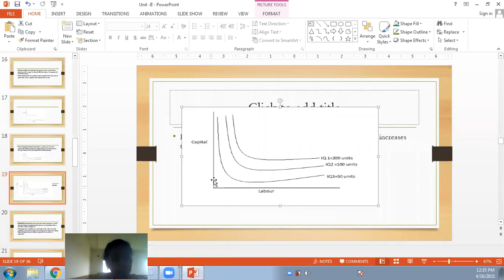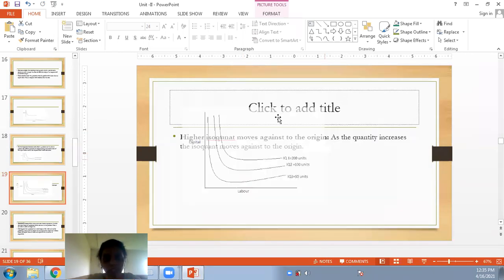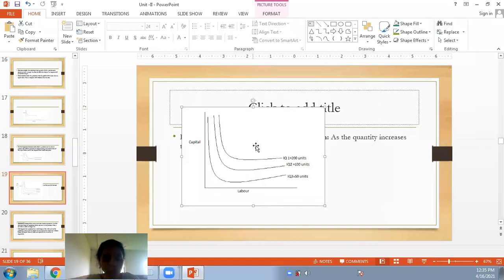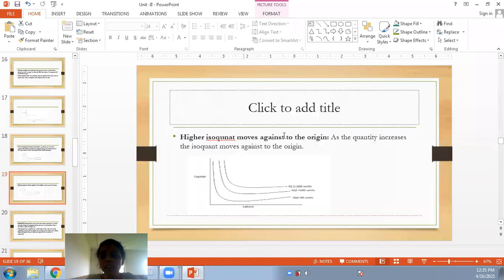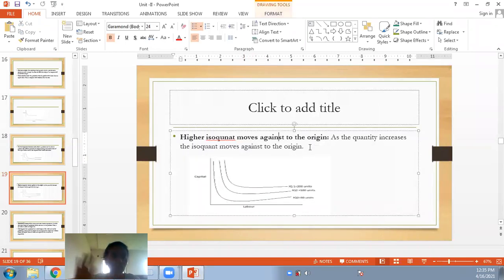That means it keeps moving away from the origin. If we have 300 units, will the curve fall here or in this area? Definitely the curve will come in this area. Why? Because whenever the quantity of production increases, it will move away from the origin. Higher isoquants move away from the origin.